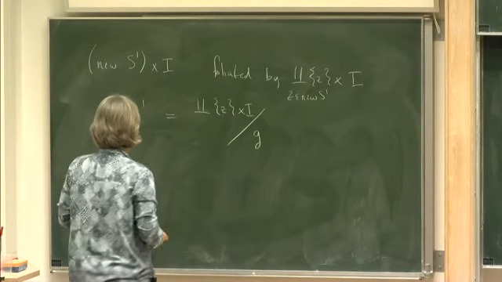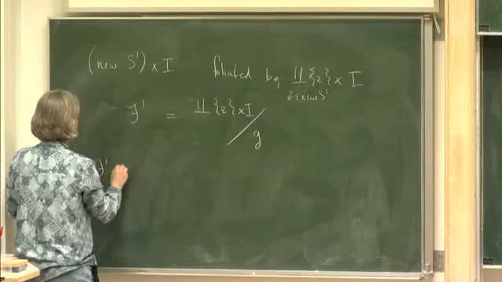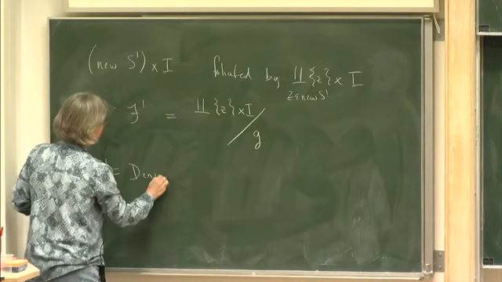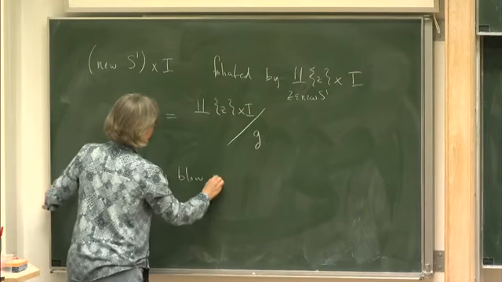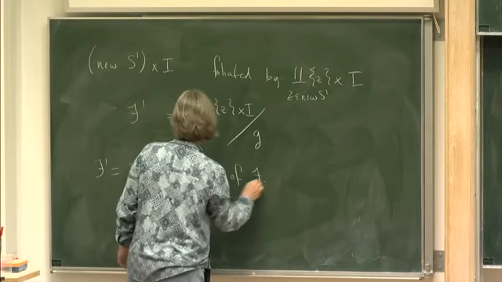So we end up with this new foliation, and F prime is called the Denjoy blow up of F.